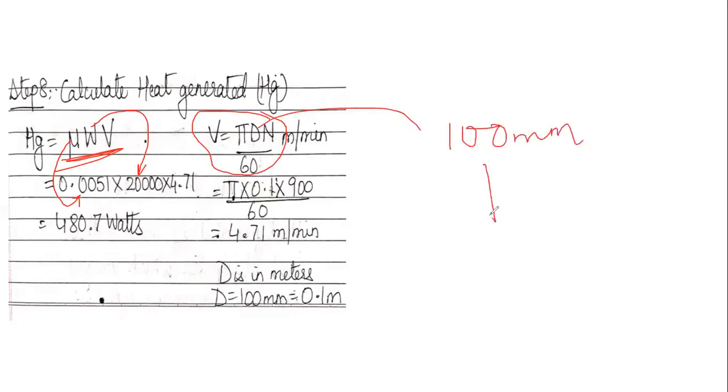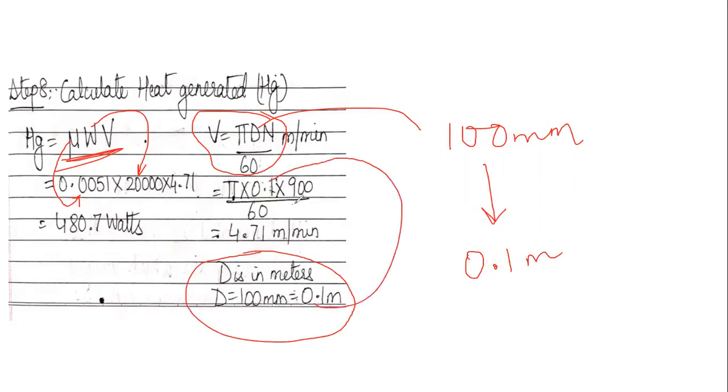So when I convert it into meters, I will get 0.1 meters. The conversion is done over here. So I'll put 0.1 meter over here into 900 divided by 60. The answer I'll get is 4.71 meter per minute. The value I'll keep over here in this V. So I'll get the heat generated value as 480.7 watts.